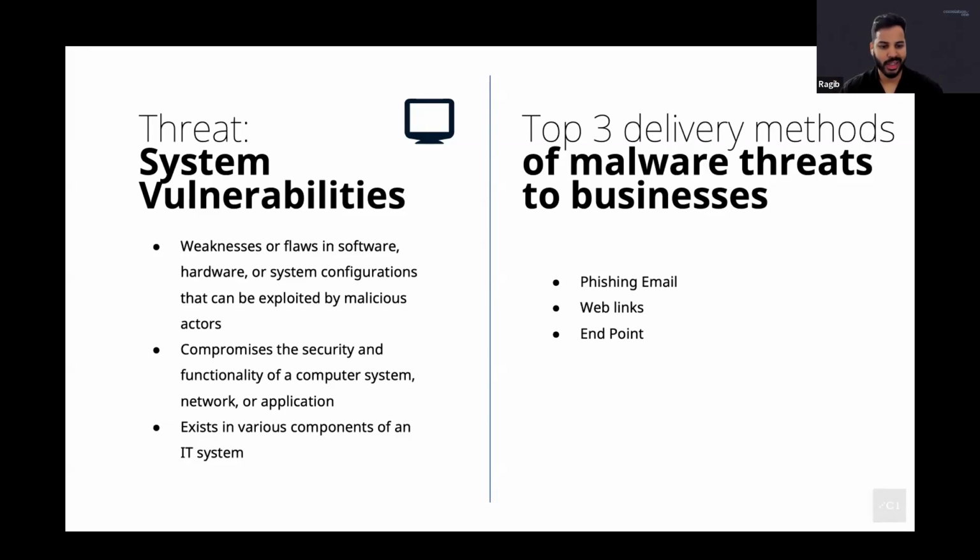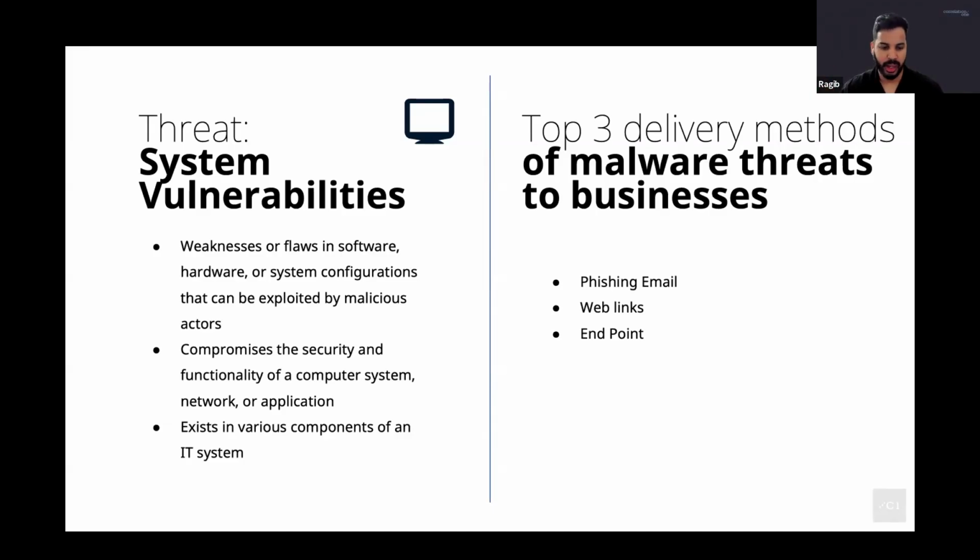Others are actually intended features that work exactly as designed, but hackers find a creative way to abuse them, right? So the bottom line is every piece of technology in your organization is a potential entry point if not properly secured or maintained.